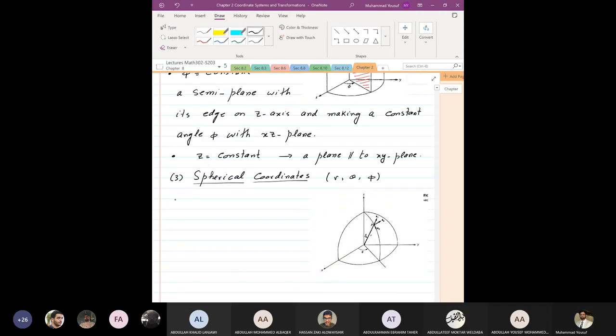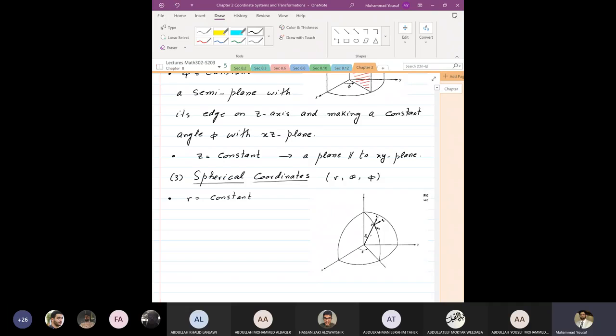Number 1, R equal to constant. It means a point can move in the increasing direction of theta and phi, but it cannot go away from or come near to the origin.